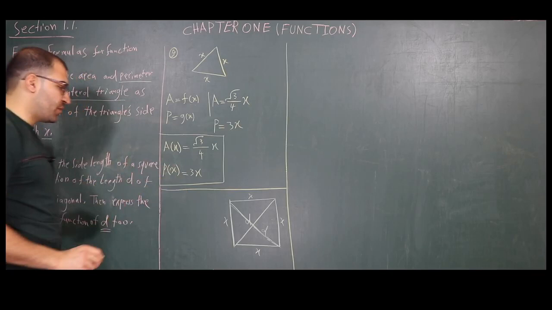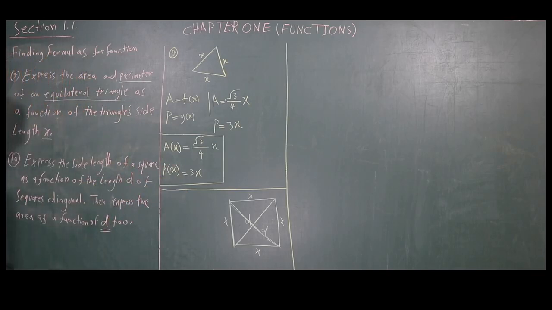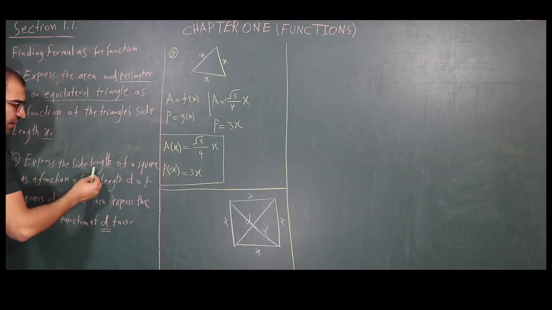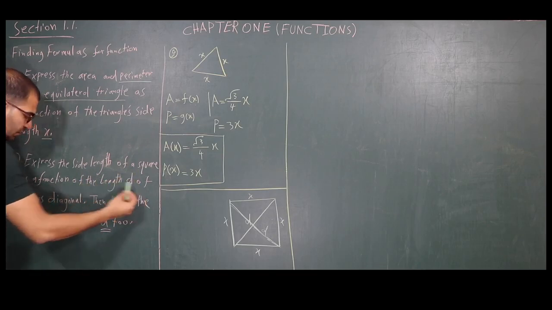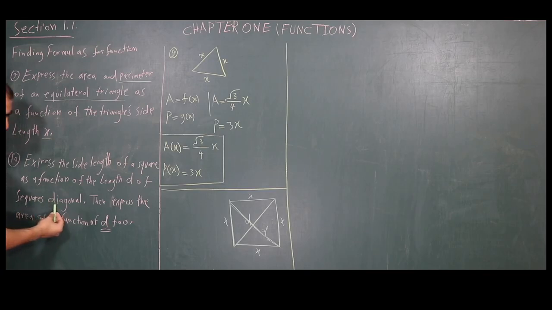So it's D, doesn't matter. He asks us to express the side length of a square as a function of the length D of the square's diagonal.